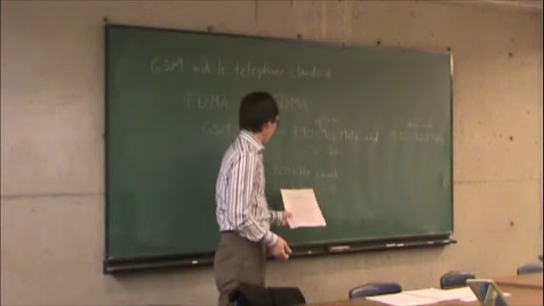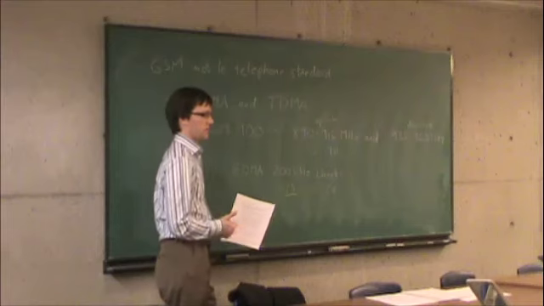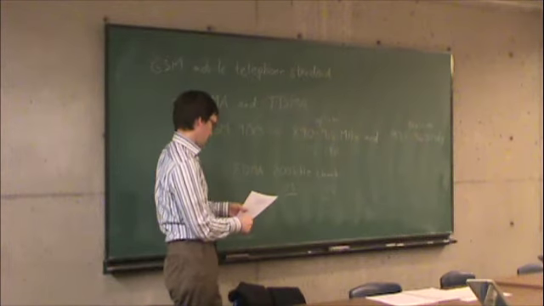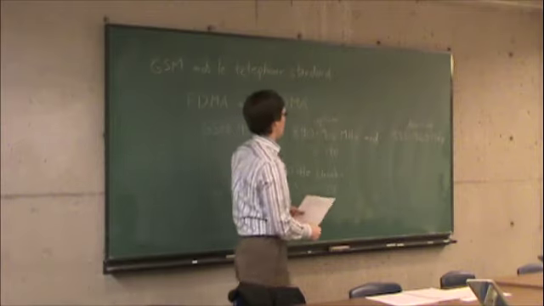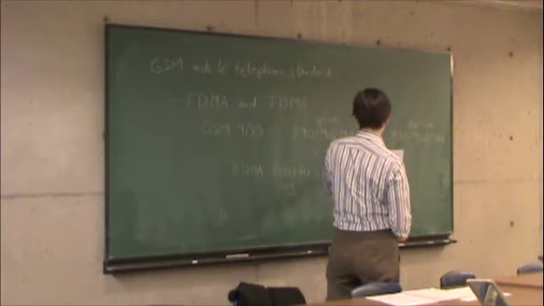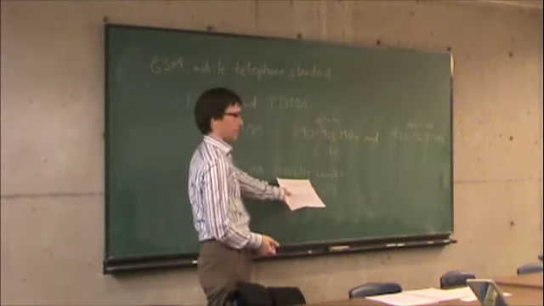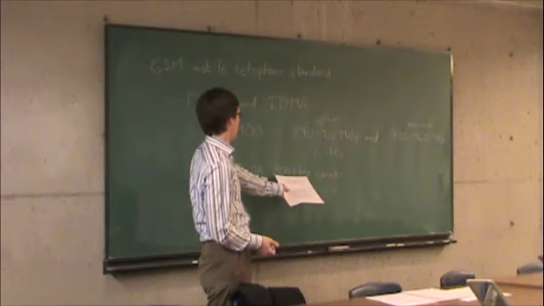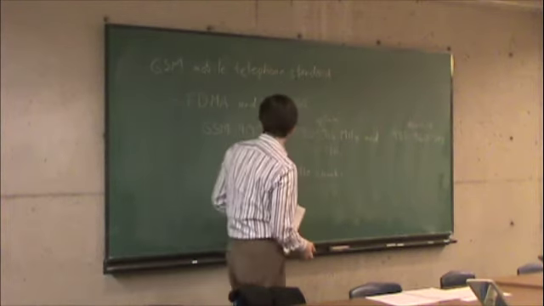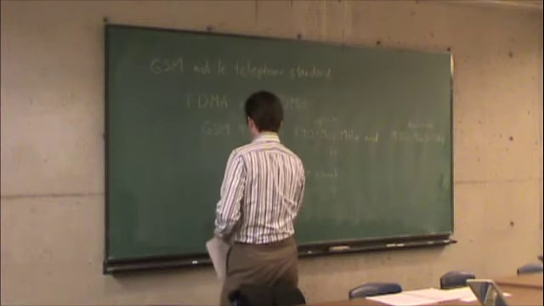Now 200 kilohertz is an awful lot of bandwidth for just a cell phone call. Under the GSM standard, we generally get around 25 kilobits per second per user. So that's an awful lot of bandwidth for 25 kilobits per second. So in each FDMA slot, we subdivide it with TDMA.